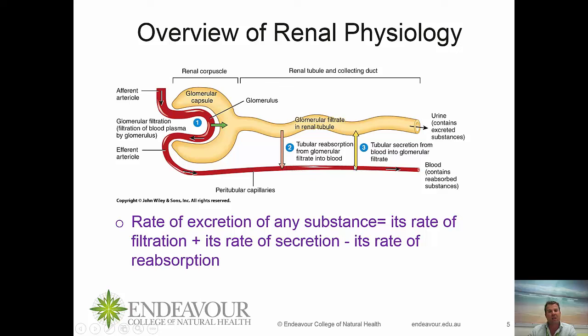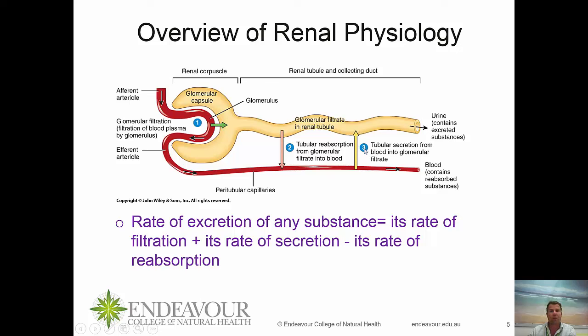And to a much, much lesser extent, so this isn't a major thing that the nephrons do, but it does actually happen. If some of these things that we want to get rid of from the body didn't actually get filtered back here at the glomerular capillary, we can move some of those substances from the blood into the tubular network of the nephrons.